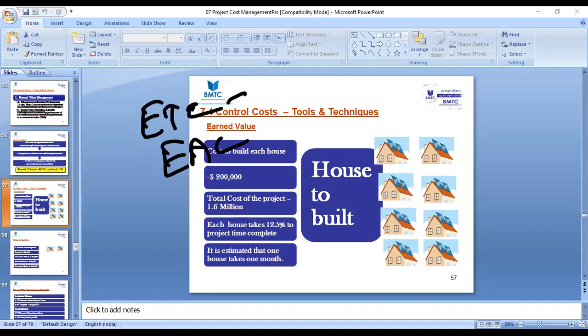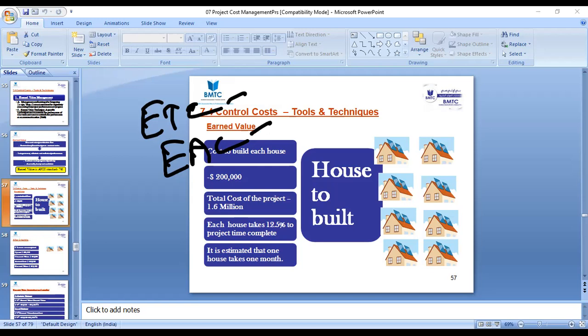Guys, please come in. There are a lot of formulas, equations and problematic questions we're going to discuss today. So what do you mean by ETC and what do you mean by EAC?